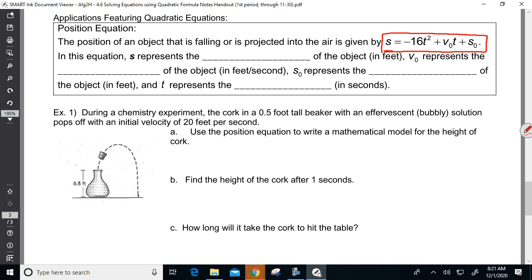First, S represents the height of the object, most commonly in feet unless told otherwise. V naught represents the initial velocity. And S sub 0 represents the initial height.